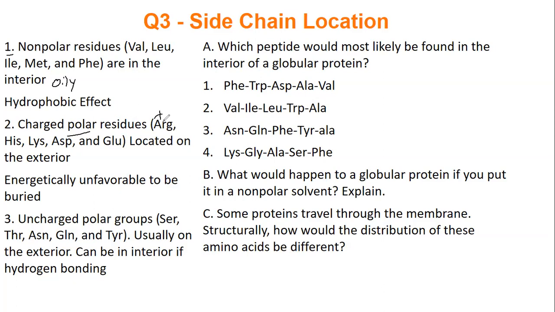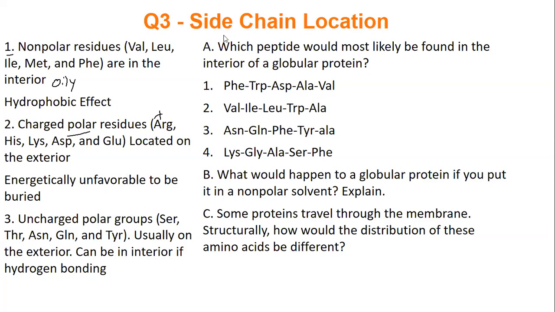And our uncharged polar groups are usually on the outside because they can hydrogen bond with water. It is possible for them to be on the inside though, because they can hydrogen bond with either themselves or backbones.